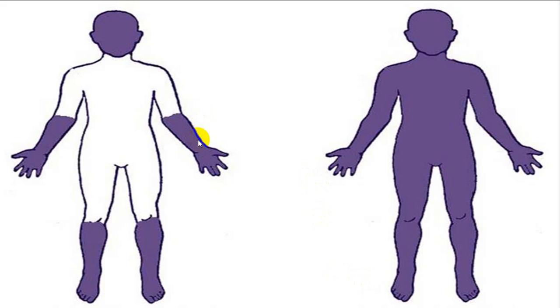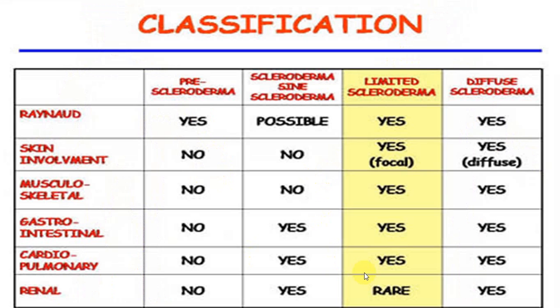When you get this distal involvement, it is limited cutaneous variety, and when the entire body gets involved up to proximal, it is called diffuse cutaneous scleroderma. So there is one called pre-scleroderma. This is involvement of the organs. Limited scleroderma is mainly involving a portion of the skin like morphea or linear variety, and diffuse will involve skin plus organs.